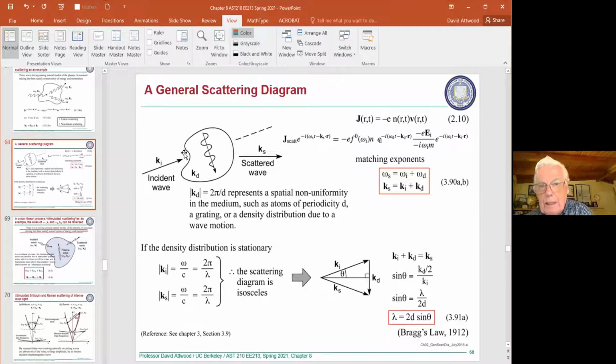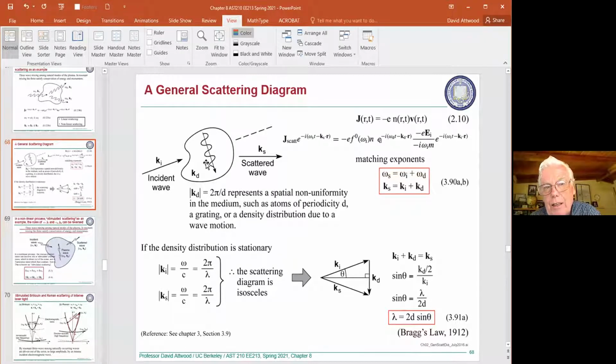And the three together satisfy these relationships, okay? So it's saying that the scattered wave, vector-wise, is the sum of the incident one and this one.